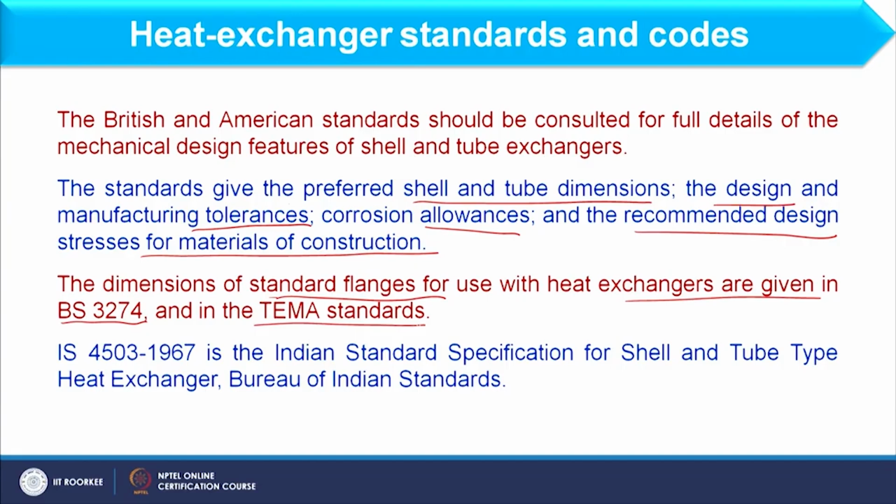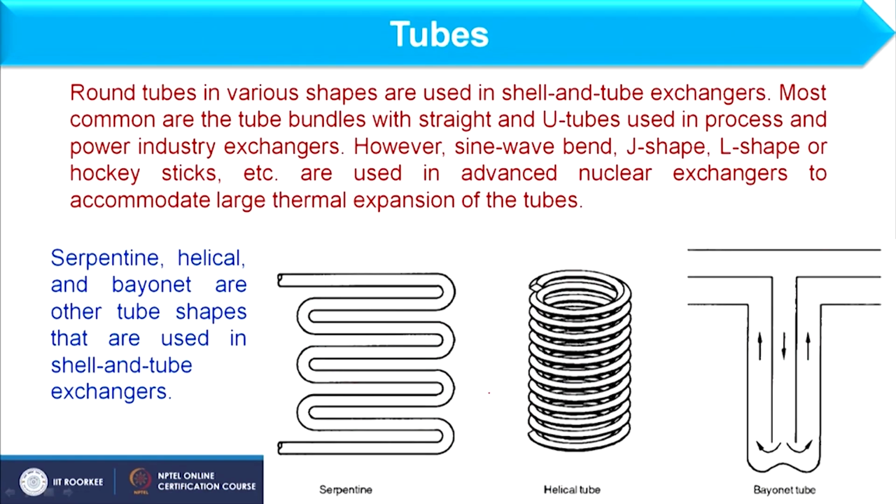In fact, India also has one standard which is extensively used to design shell and tube heat exchangers, and that is IS 4503/1967. You can use that, and it is given by the Bureau of Indian Standards. So, these are basically the heat exchanger standards and codes depending upon different countries. And now we will focus on tubes.